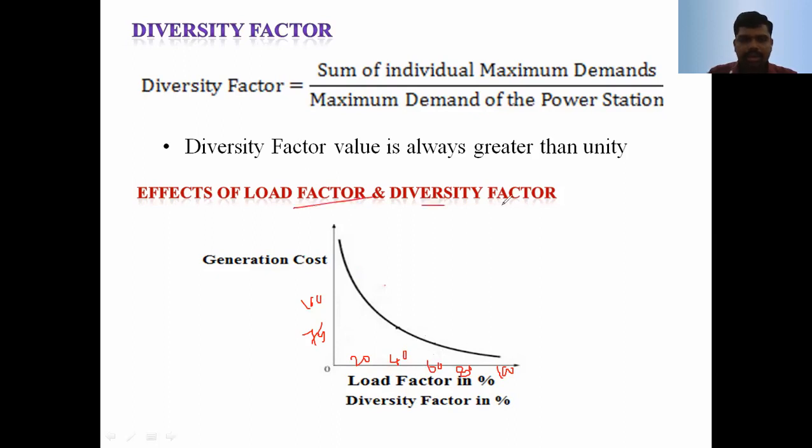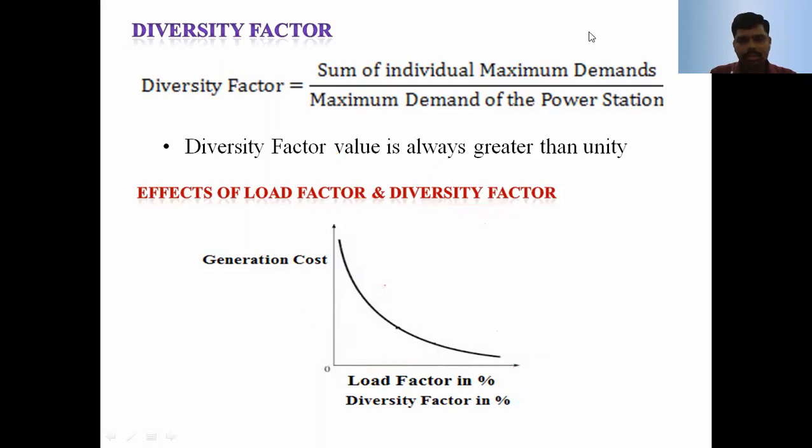The load factor and diversity factor play an important role in fixing the per unit cost, that is, how much the cost is for 1 kWh. Based upon the load factor and diversity factor only, we calculate the per unit cost. When their values increase, the cost is minimized.